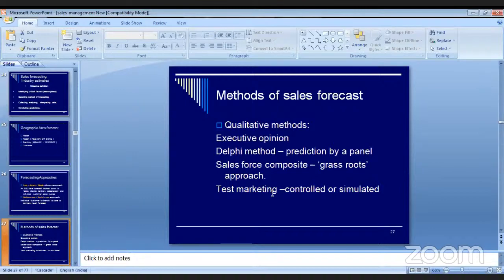Considering that, you make a controlled and simulated test marketing. Testing of the product is different: you are calculating the product quality, the product ingredients, the health and hygiene factors. That is product testing.